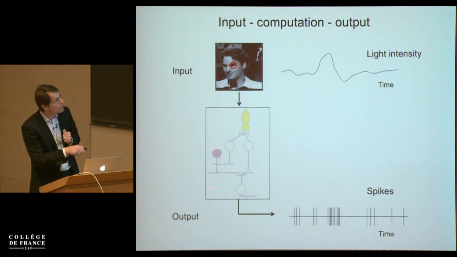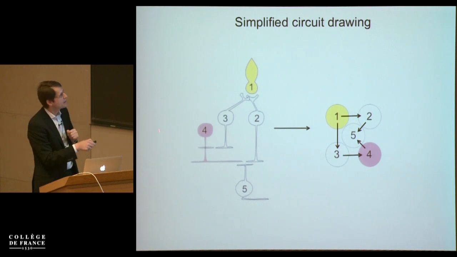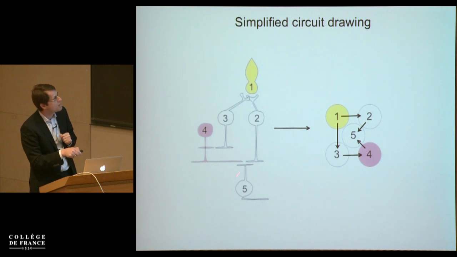So there's a little calculation by this circuitry, and let's now make things a bit simpler as we go ahead. So here is a circuitry, but indeed we don't need these sophisticated drawings. We can represent these neuronal elements, these little machines, with numbers and circles and connectivities.